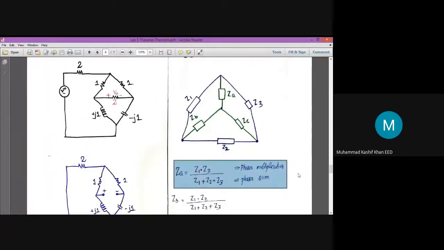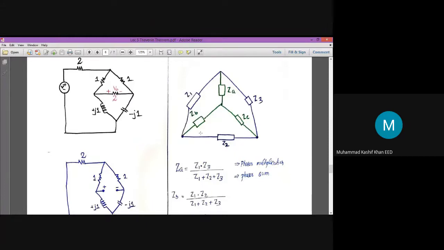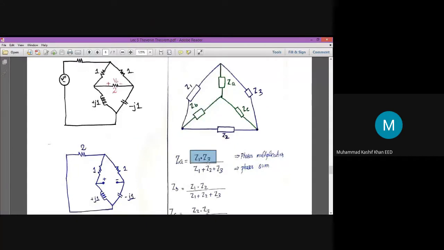Any one of you might ask the question of how I derived this equation. There is a lengthy derivation which is not our part of interest, so I have skipped that derivation. Instead, I have told you how you can remember this formula. To remember this formula is very easy.